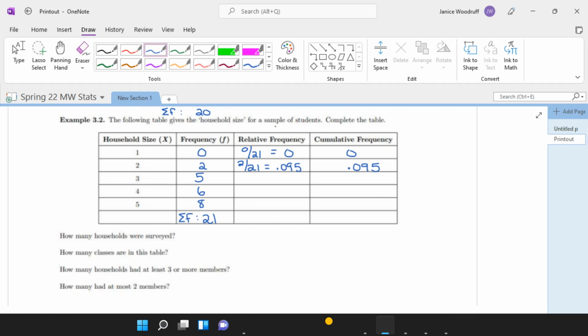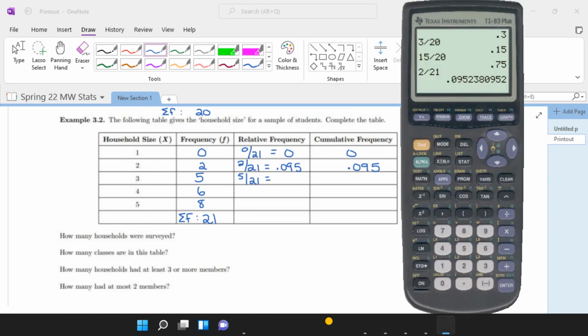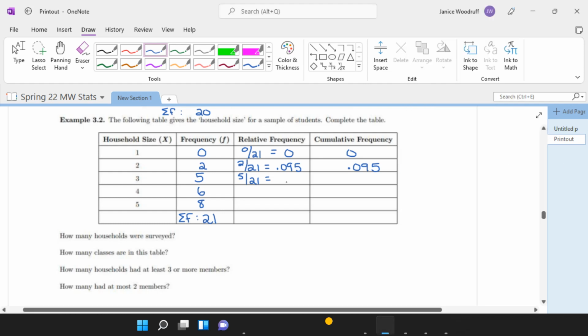Okay, household size of 3, you have 5 people. So this is going to be 5 out of 21. So 5 divided by 21. Three decimal places, 0.238. Now for the cumulative frequency, what I'm doing here is I'm adding.